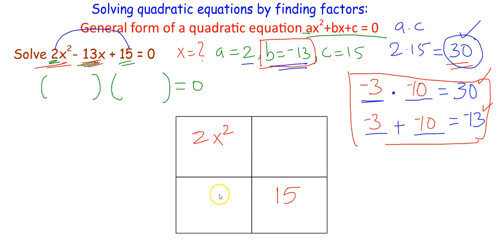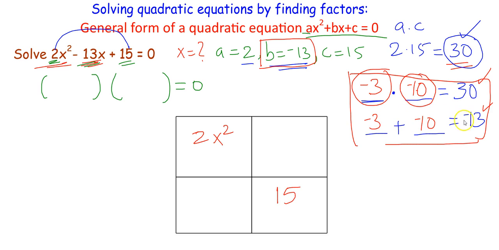Either second box or third. You don't have to leave off anything, but you have to distribute that negative 13 between those two, which is done from the two numbers we talked about just now, negative 3 and negative 10.